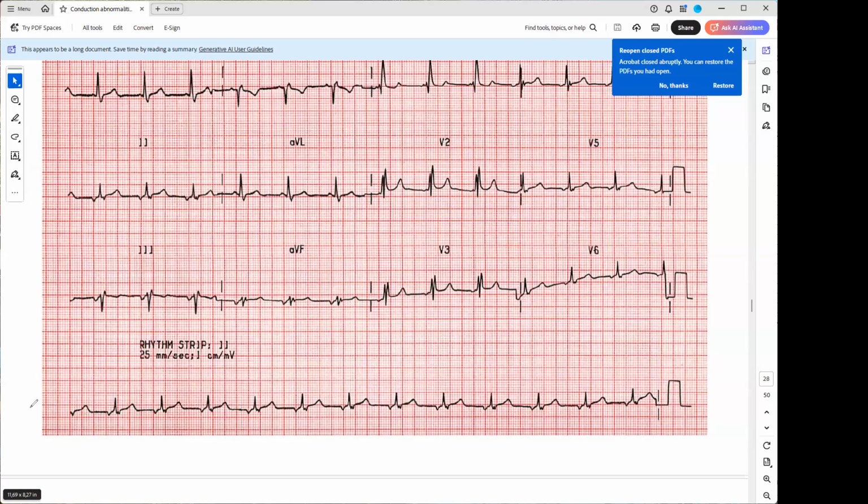And P wave. I think there is a P wave, so it's sinus rhythm. Look at this piece. Negative in lead number 2 and positive in AVR. See? What does it mean? I'm not too sure.